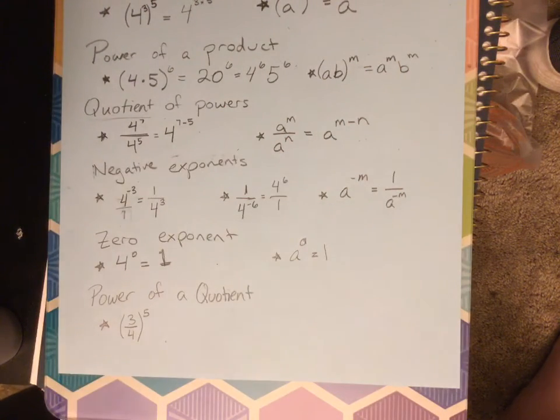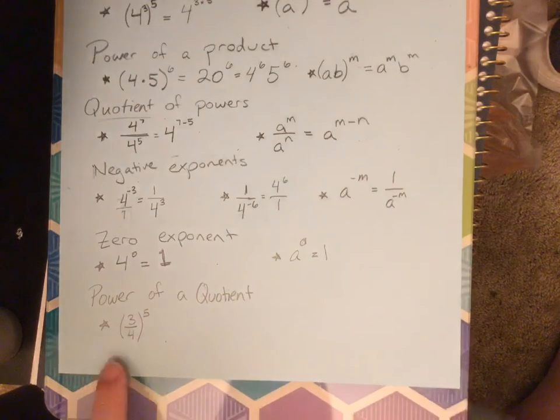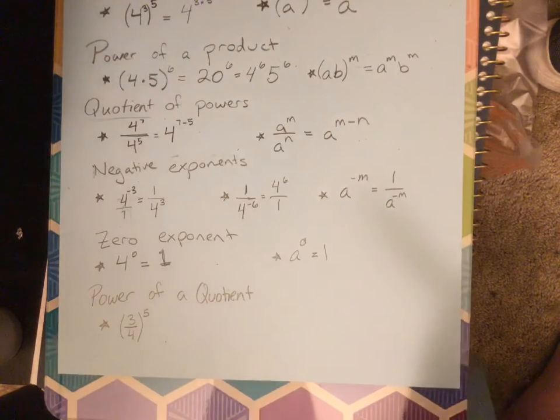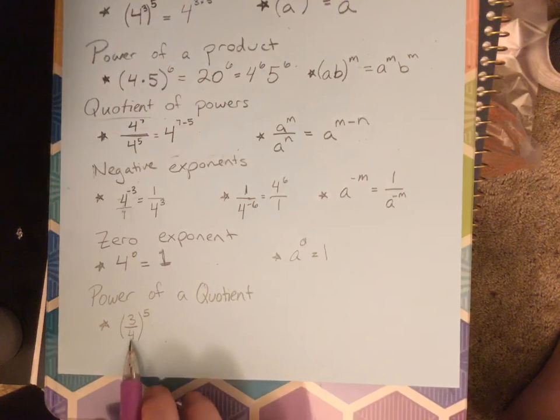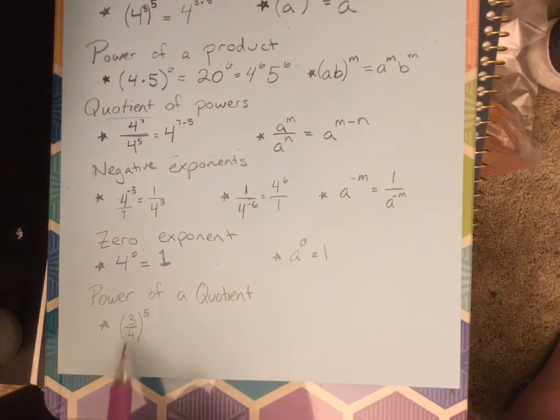Well, what can I do with this? I could just do 3/4 times itself 5 times. But if I want you to write things as quotient of powers or the product of powers, this is not going to cut it. And if you try to plug this into a calculator or Google, it's going to spit out some gross decimal that I do not care about.